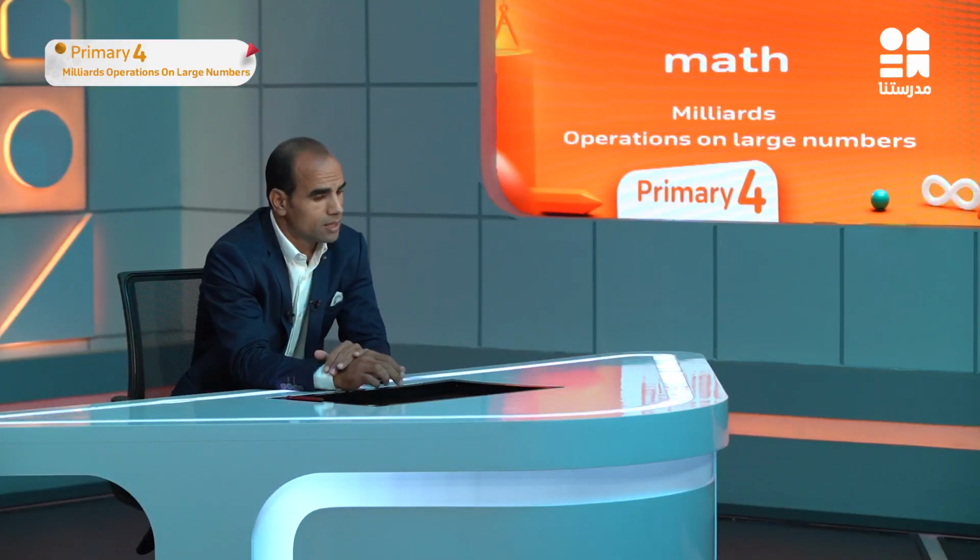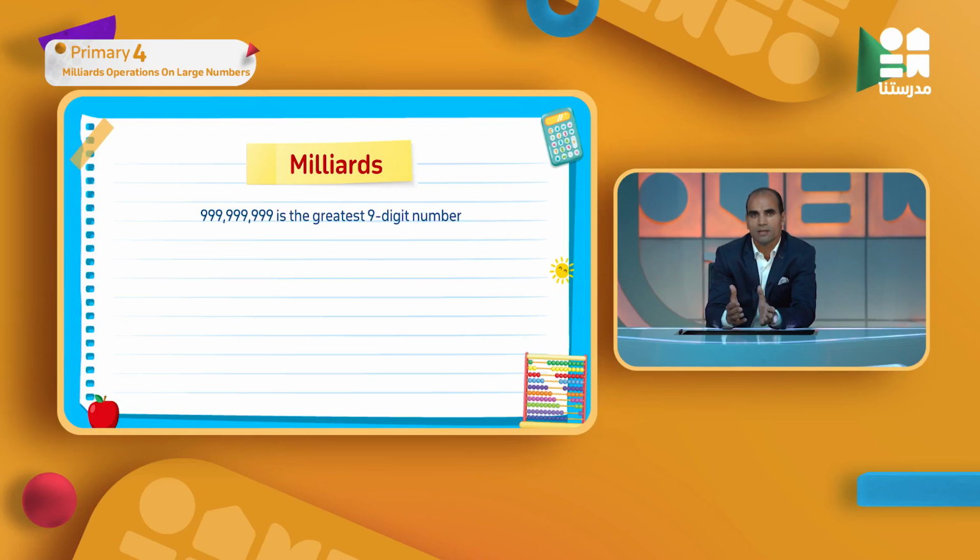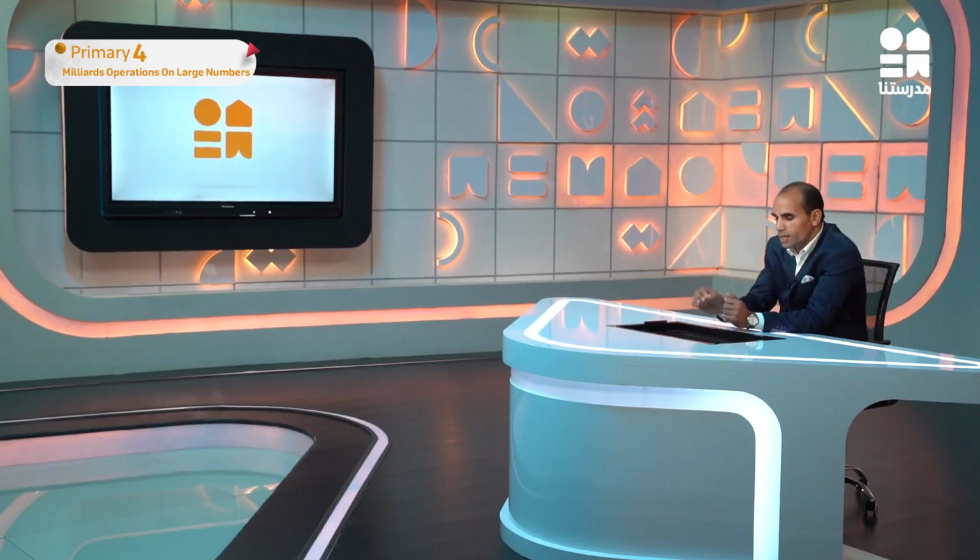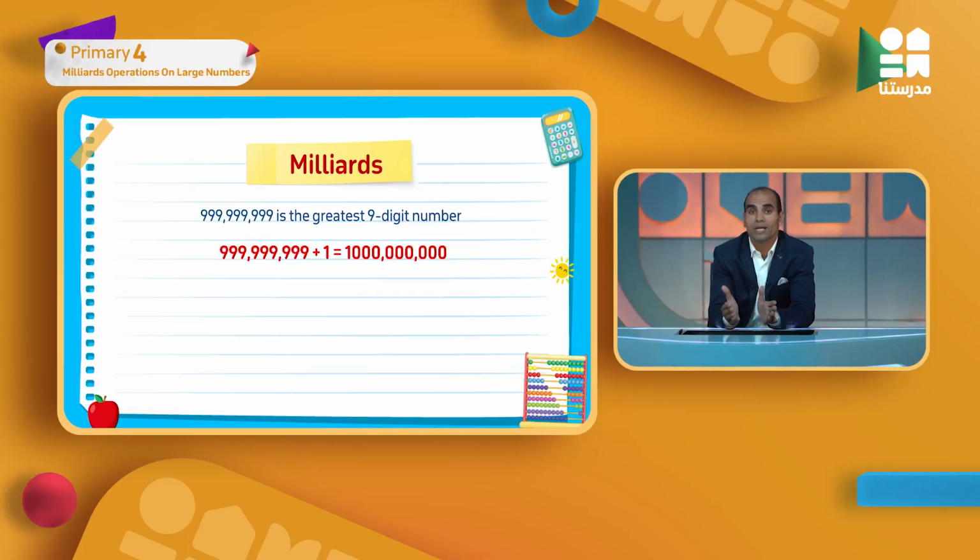What is the milliard? Before talking about milliards, let's remember this number. This is a very large number. This is 999,999,999. So this is the greatest 9-digit number. When we add 1 to this number, we will get a new number. It's called 1 milliard, or billion.